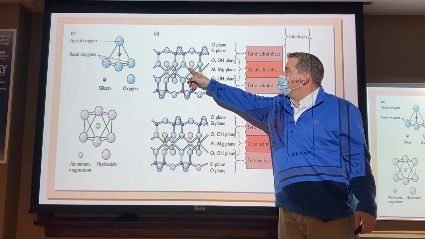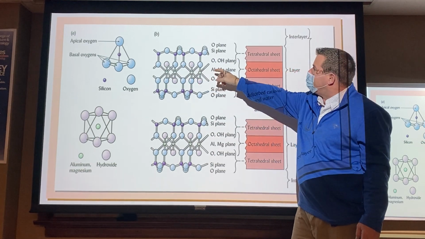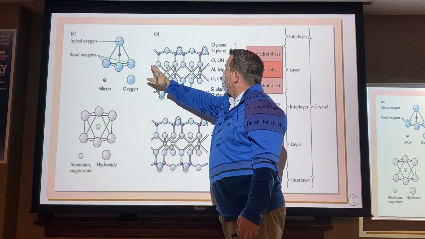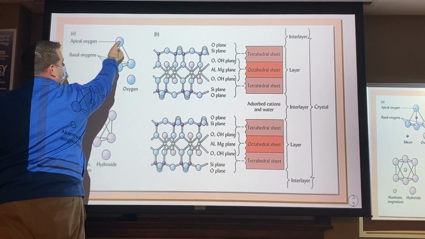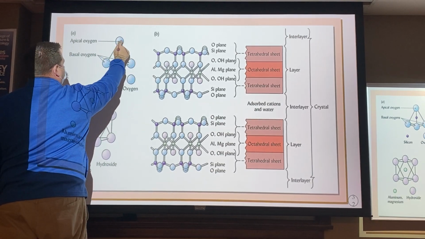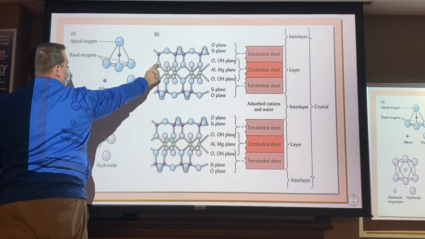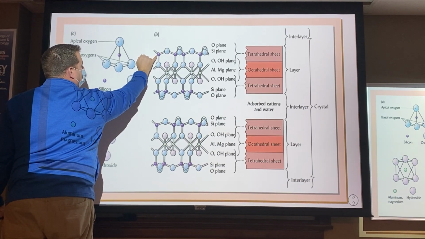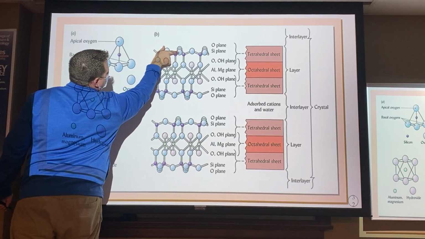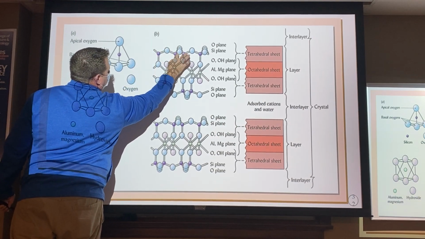Sometimes these structures can be really hard to see. It took me a moment to see where this was. If you were to flip this upside down, you can see that now this basal oxygen or apical oxygen is here. One of those basal oxygens, and then our tetrahedron. And if you look over here, you can see the tetrahedron right there.